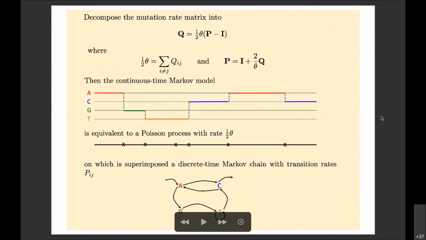The other thing you have to do is interpret the mutation rate matrix as a product of 2 things. There's an effective Poisson process theta that basically says, every time there's a mutation from one allele to another, we think of this as a Poisson process where there's an event happening. And on top of that, we'd like to know which allele we're moving to.